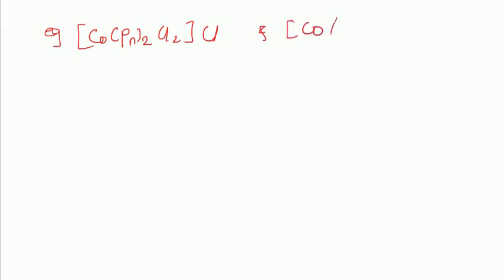For example, see, cobalt, PN stands for propylene diamine, cobalt PN twice Cl2 chloride, and its isomer is cobalt TN twice, TN stands for trimethylene diamine, TN2 Cl2 chloride. Now see, this PN and TN are themselves isomers of each other, and they are the ligands, and that's why they are ligand isomers.